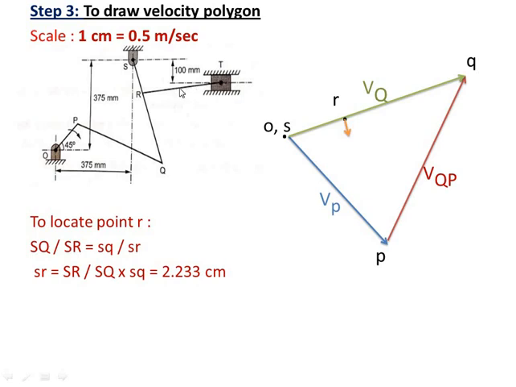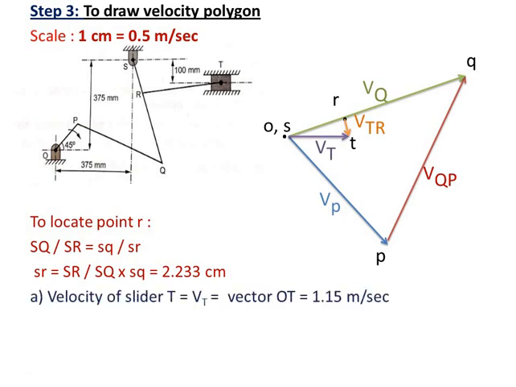Then T is on RT, but likewise T is a slider also. For a slider, the velocity vector is parallel to the motion of the slider. The motion of the slider is horizontal, with respect to the fixed link. So from the fixed link, that is from point O, in a horizontal direction we will draw the velocity vector of the slider, and the intersection of these two will give you point T. This is the velocity vector of TR and this is the velocity vector of VT.